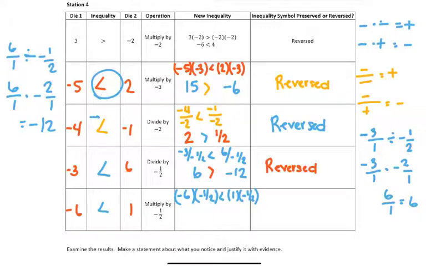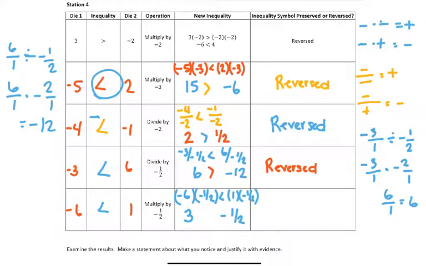Okay, so 6 times 1/2 is 3 because 6 divided by 2 is 3, so positive 3 here. And we're not going to change our symbol yet, so we've got 1 times negative 1/2, and that is negative 1/2. So we have negative 1/2 on this side of our inequality.